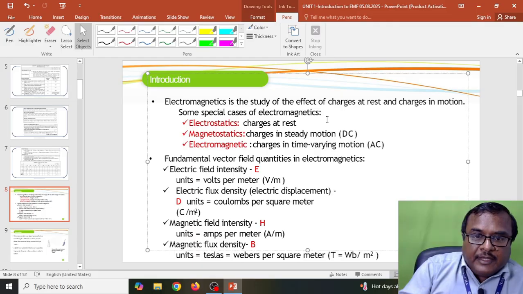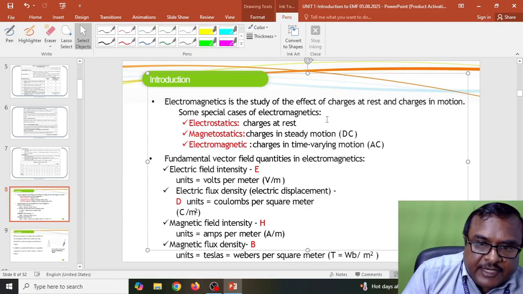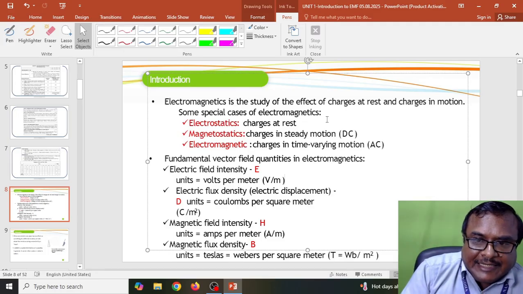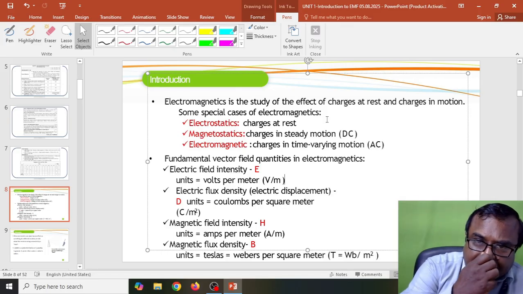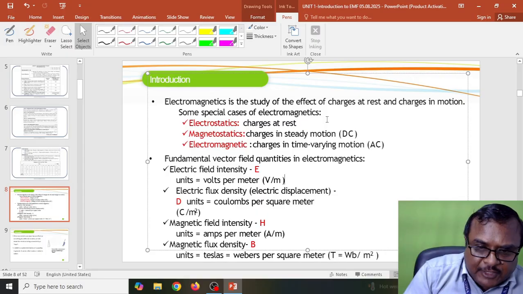Then we have the electric flux density, or electric displacement, called D, whose unit is coulombs per meter squared.